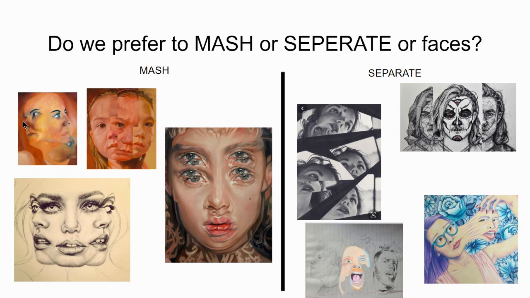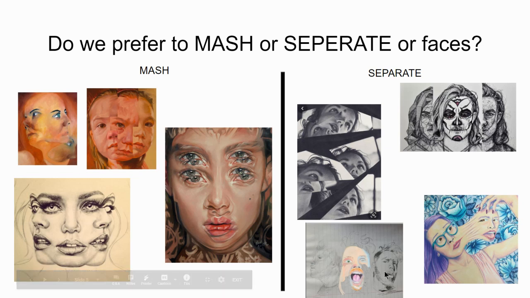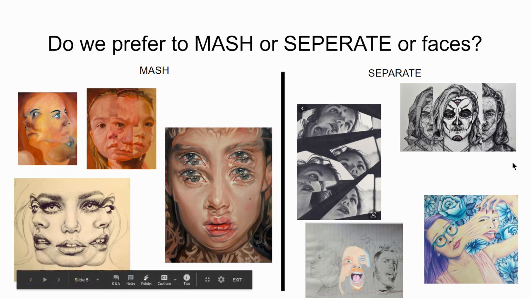Are we interested in having faces put together on one face? Or do we want to keep them separate, like the reflection of a broken mirror? Like just having three different bodies side by side? That's up to you. Resonate with yourself and choose which one works best.